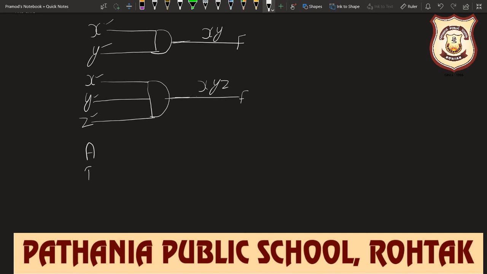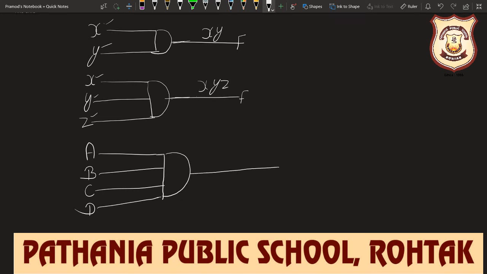Write down A, B, C, D, draw a line for each of A, B, C, and D, and after that you connect all of these, and your output is ABCD, and here you can write F. This is the AND gate for four variables, this is the AND gate for three variables, and this is the AND gate for two variables.